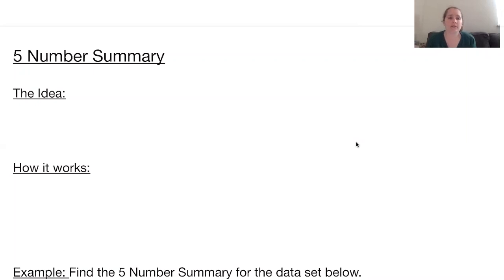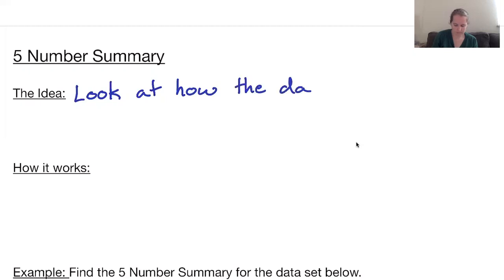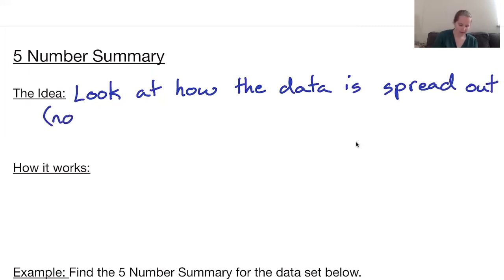All right, let's take a look at the 5-number summary. The idea behind the 5-number summary is we want to look at how the data is spread out, not just focusing on the lowest and highest numbers.